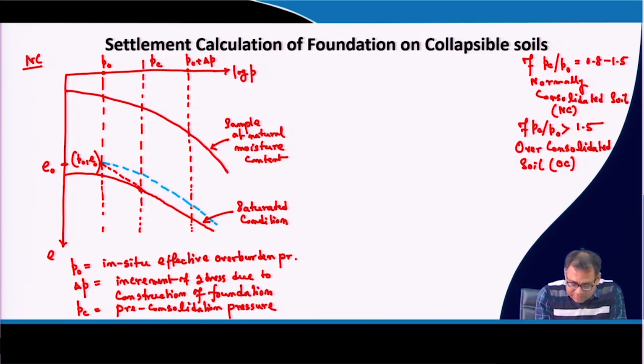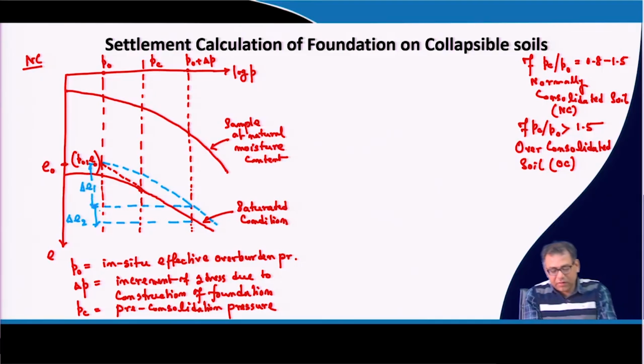Now, where it is cutting the P0 plus del P line, there I am drawing one line, and here also I am drawing one line. This value is del E2, and the value from this point to this point is del E1.